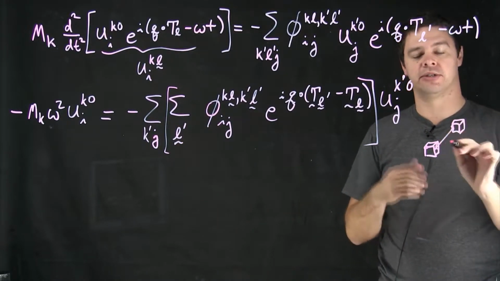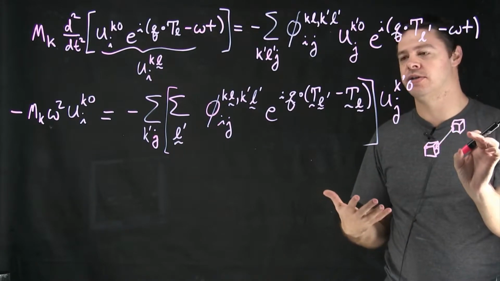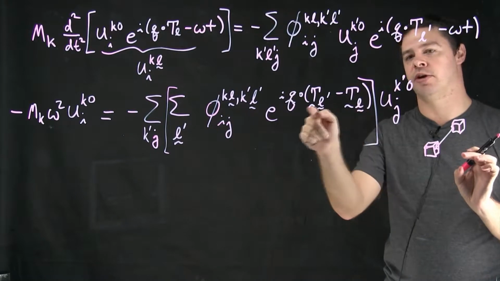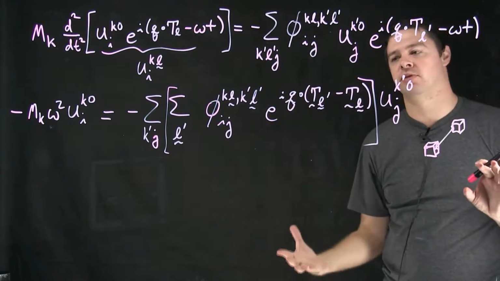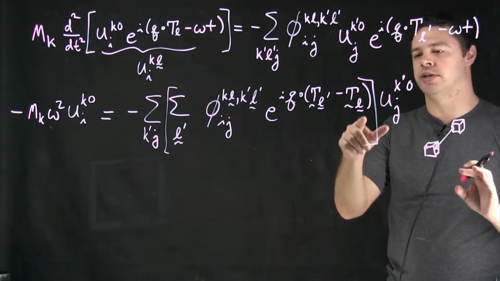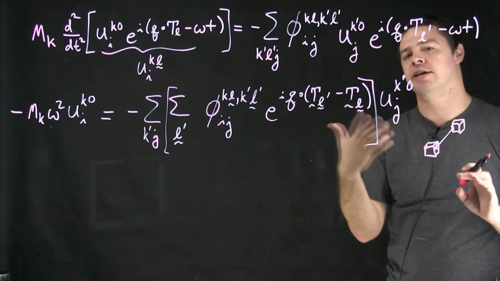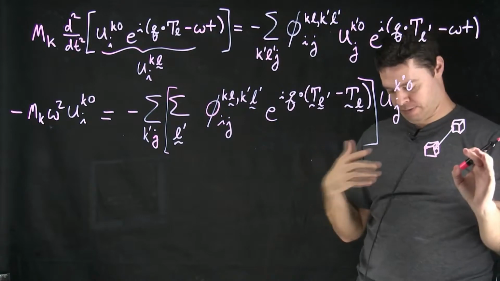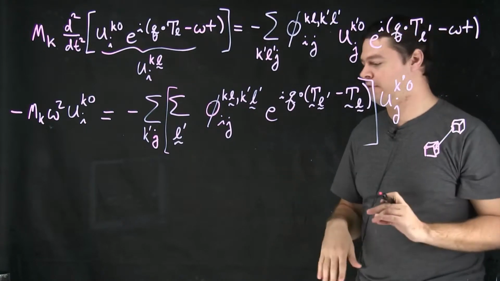Really all that matters is the difference between the distance of those unit cells. So rather than allowing this to be arbitrary and summing over every possible combination, I could just set the value of l equal to 0, and then I still have to do this summation over all of the possible different ways of rearranging that.